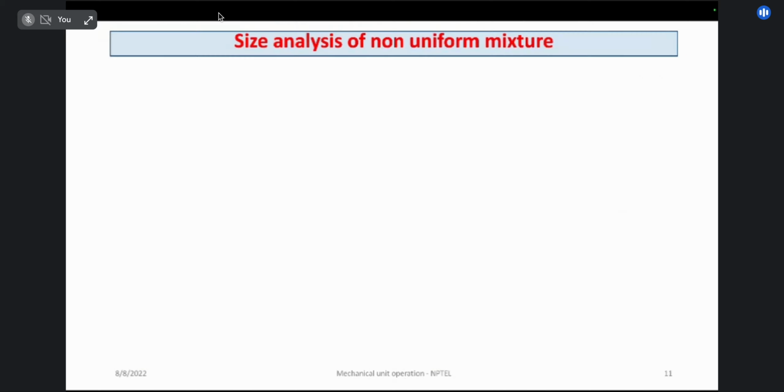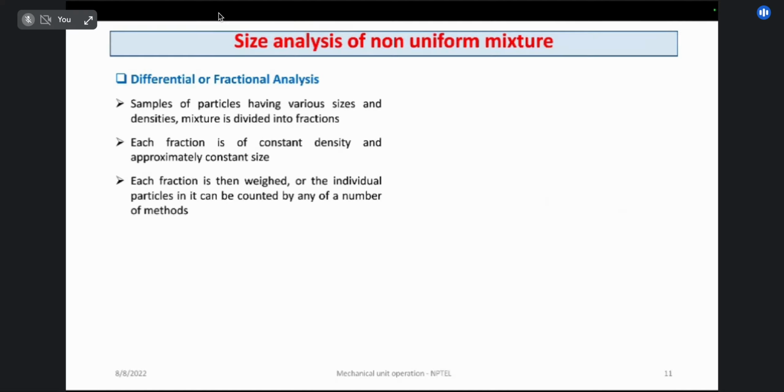Now if we talk about the size analysis of a non-uniform mixture, which has different sizes of materials in it, we have to follow general methods: one is known as the differential or fractional analysis method, and another is known as the cumulative analysis method.